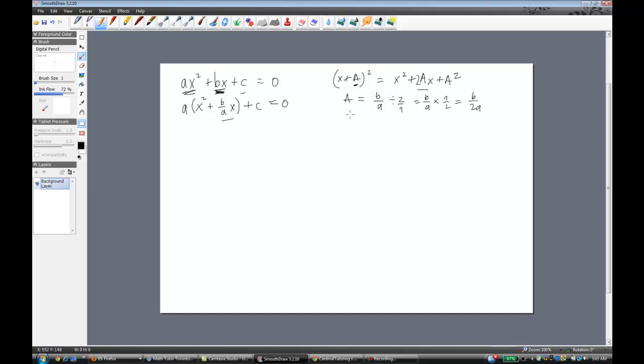Okay. And then A squared will be b over 2a all squared, which is square the numerator, square the denominator, and what we want to do is we want to take this fraction here and add it and subtract it right after the x.